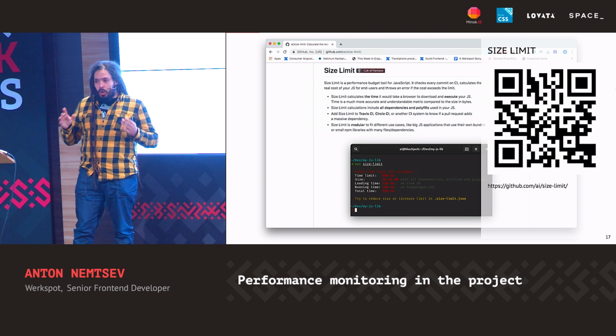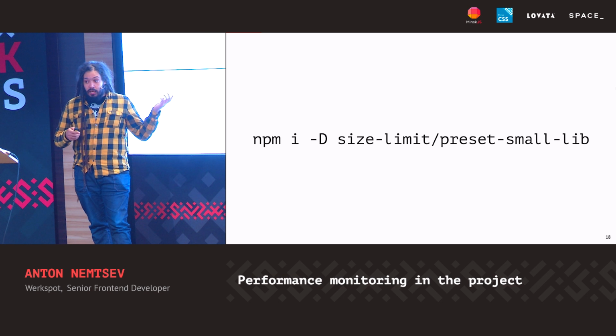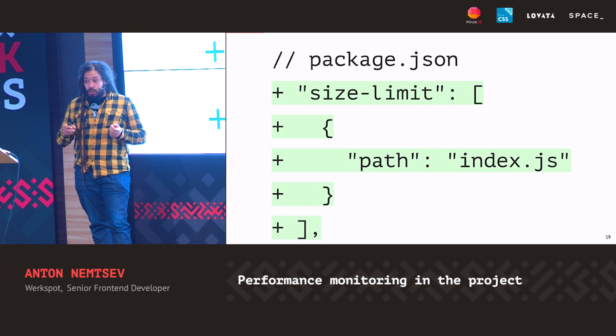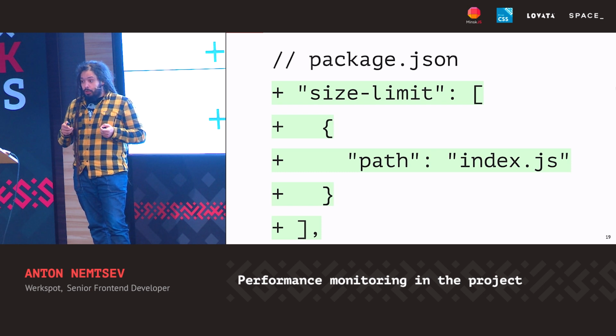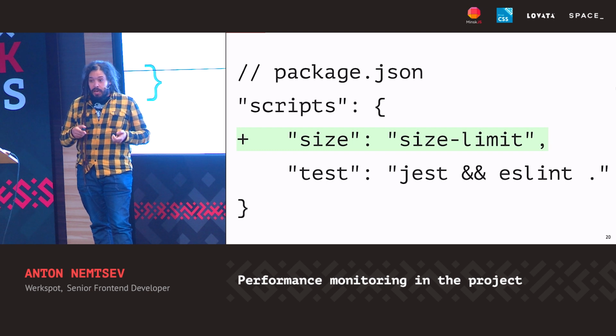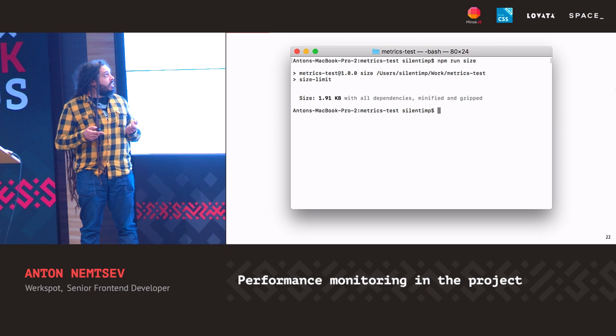This is a small library that allows you to see the bundle size for your libraries. Install it. To package JSON, add a small config that essentially gives a path to the file you want to measure. Add a script that allows running the package. Run it, and voila, you see the size.